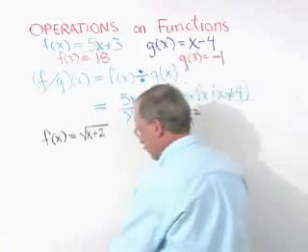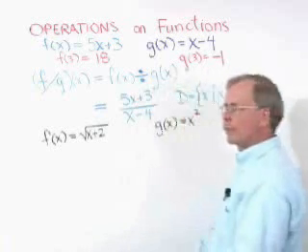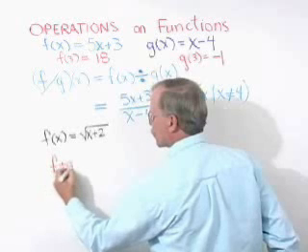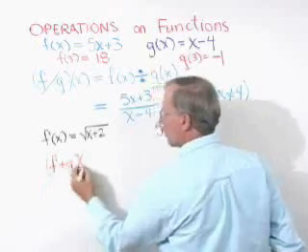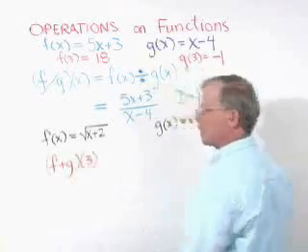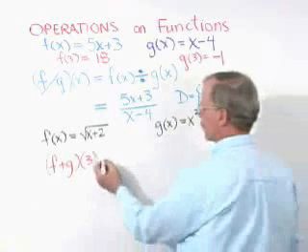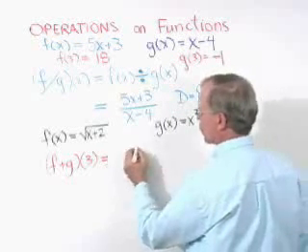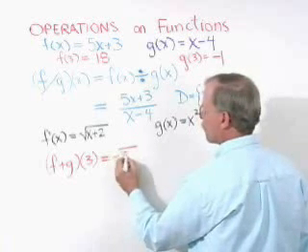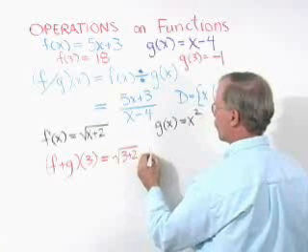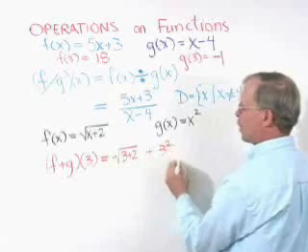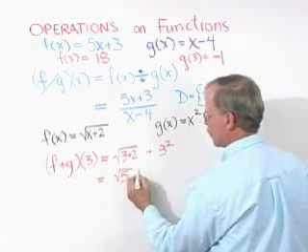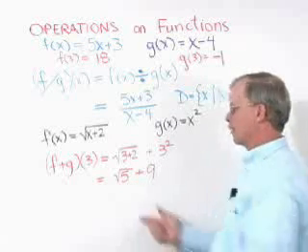Then let's consider what we'd have if we were looking for f plus g of 3. If we were looking for f plus g of 3, that would give us the square root of 3 plus 2, plus 3 squared. So we'd have the square root of 5 plus 9.